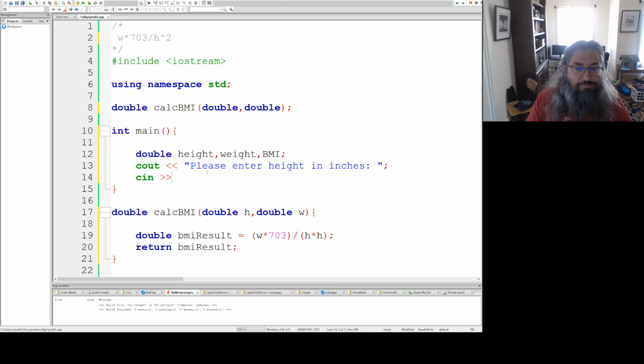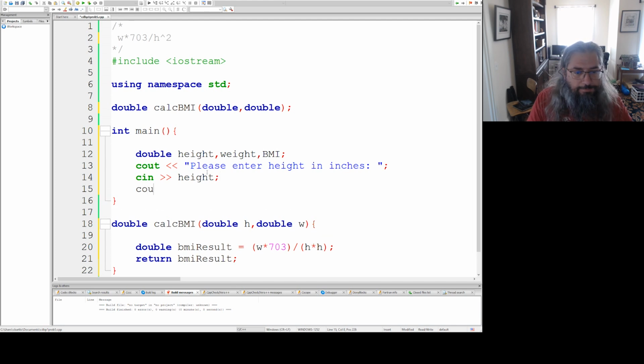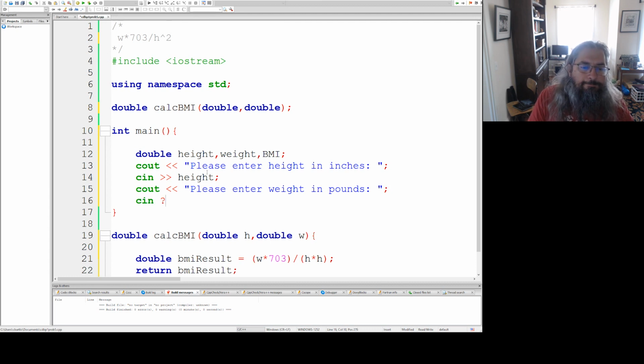And so if we don't leave a good message for ourselves and we don't cue the user, then hey, they're not going to know how to do it. So it's important to actually tell the user everything that they need to input. And I'm going to do the same thing here. Please enter weight in pounds. Oops. Okay, so I have those things.